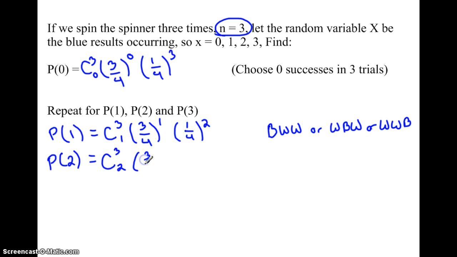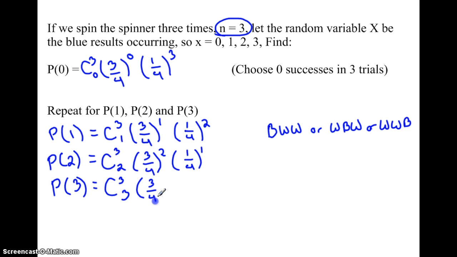This time I want my successes to be 2, and I would only want 1 failure, if I spin 3 times. Again, we're assuming we spin 3 times. And then if I have 3 successes, there's only one way for that to happen as well. So 3 choose 3 will give us 1. I want all of my successes to occur, and I want no failures to occur.